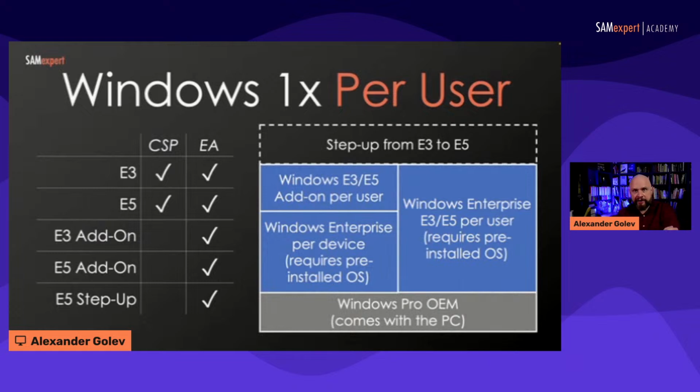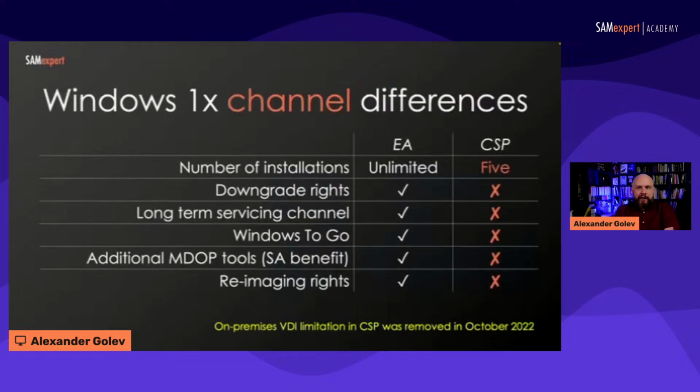make you compliant gladly. Well, there are differences in Windows 11 rights depending on how you buy it. So Microsoft introduced a very good change in October 2022 with that package when they simplified bring your own license, VDI rights.